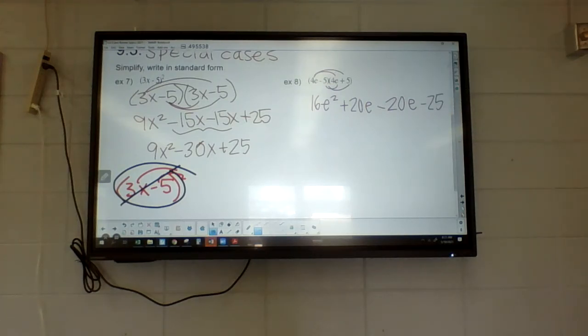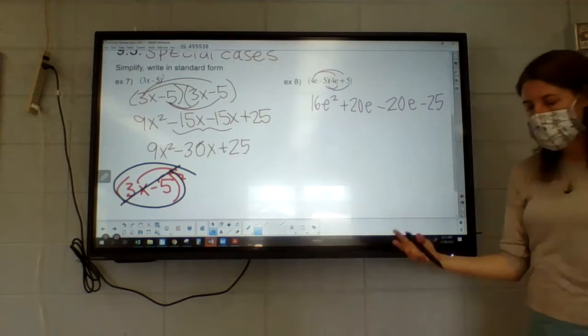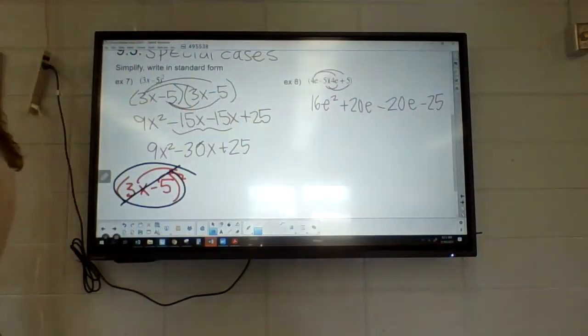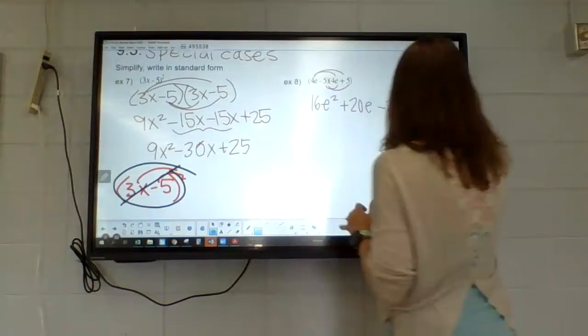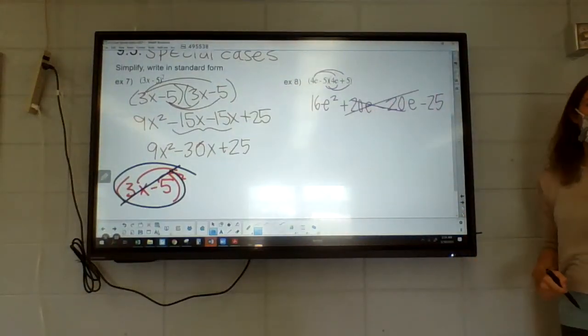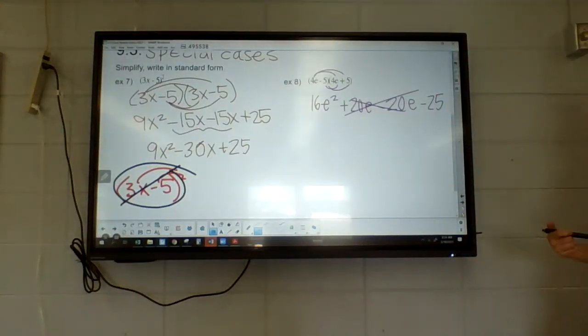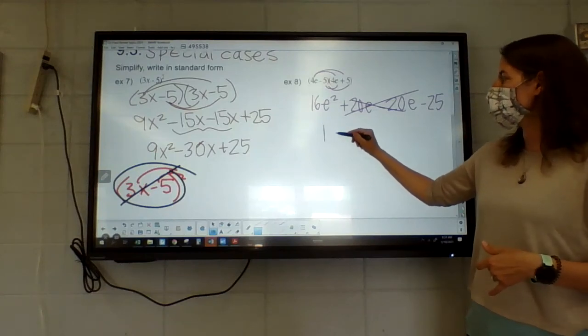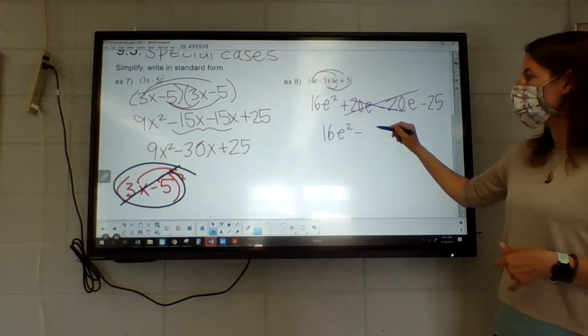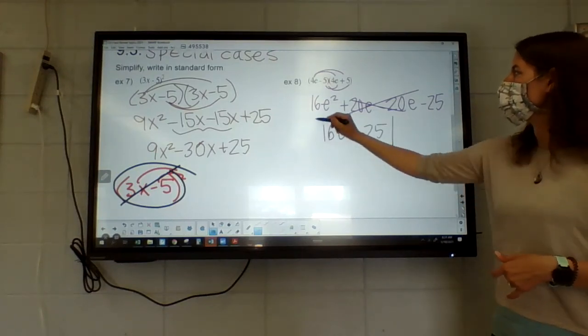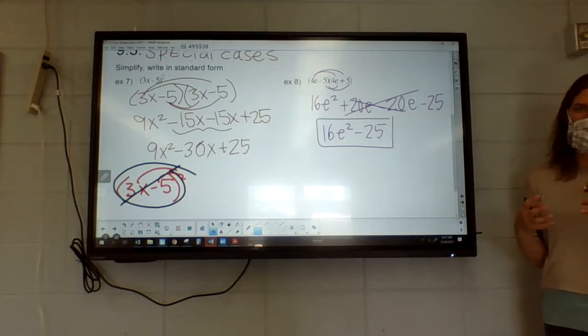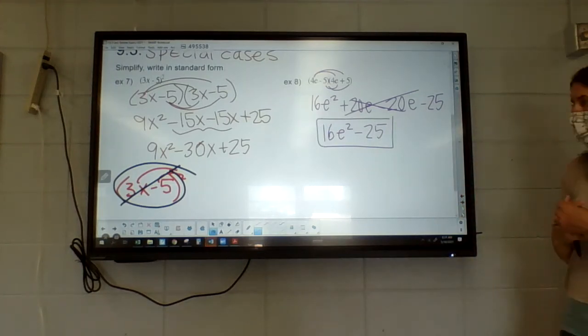Now, the reason why this one's special, Miss Miller was just doing this in her Algebra 2 class with her students. This is called a conjugate. It sounds like conjunctivitis or something, like something bad just happened. But this is called a conjugate. And the reason it's good is because those two will always cancel out. So we're left with 16e to the second minus 25. So that's kind of a special case that those middle terms always cancel.